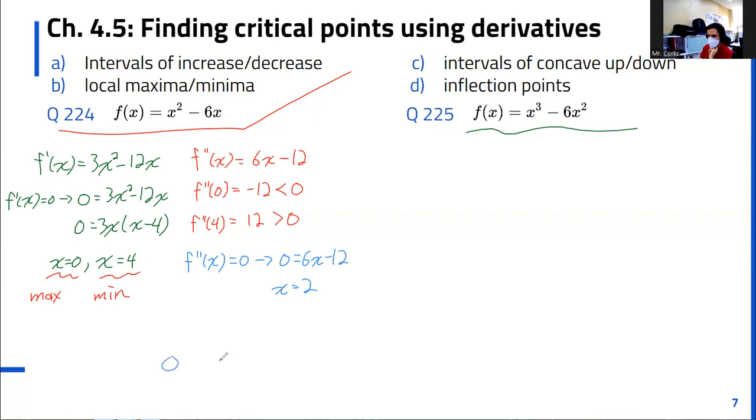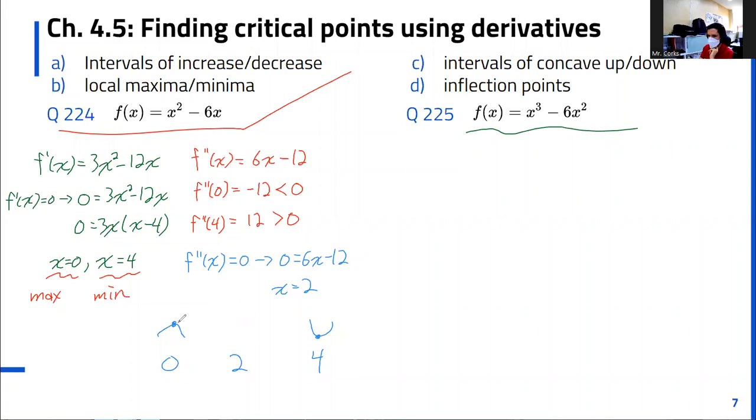So 0 and 4, these are the locations of the critical points. We have a maximum when x is equal to 0. We have a minimum when x is equal to 4. And then we have an inflection point between the two.